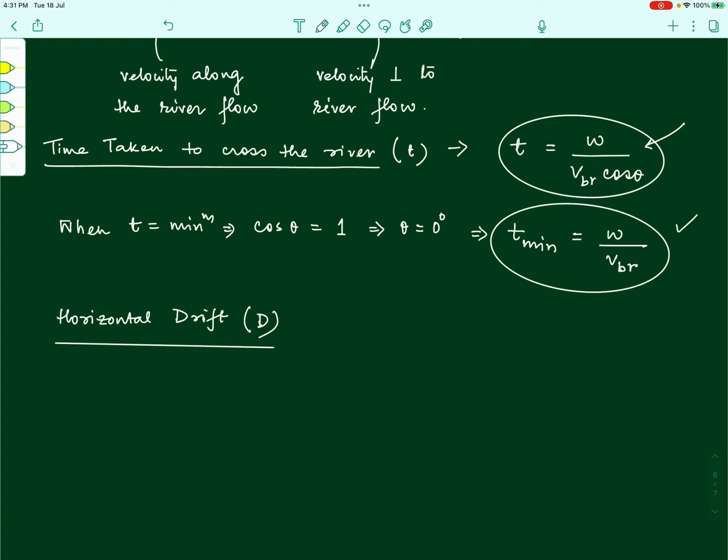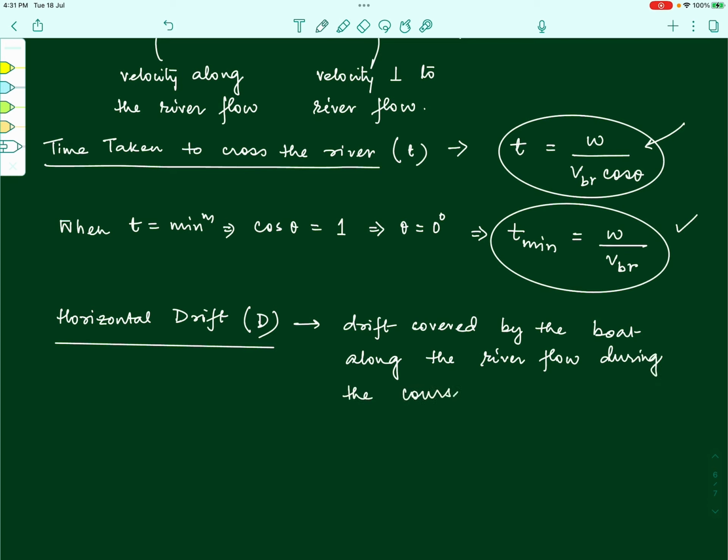All we need to do is, it is the drift covered by the boat along the river flow during the course of crossing the river, right?